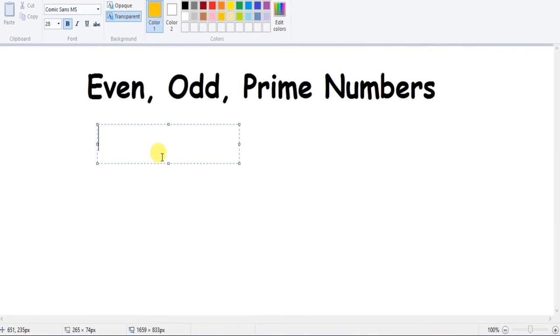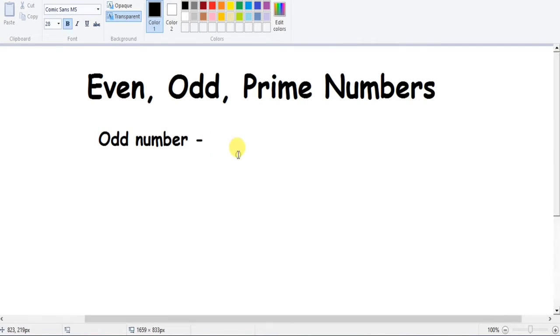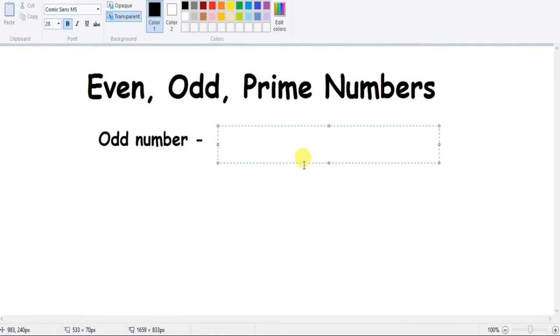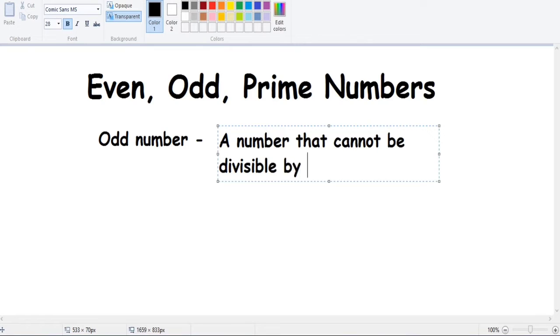Simply put, an odd number is a number that cannot be divisible by 2.